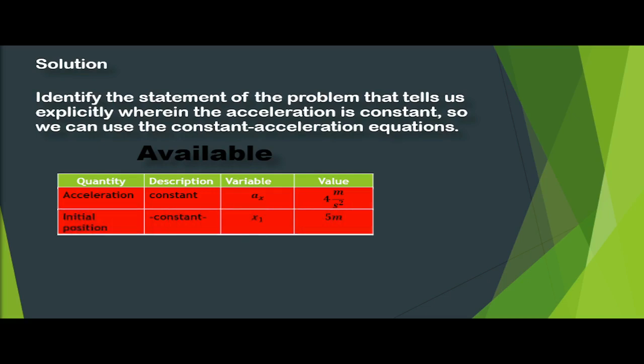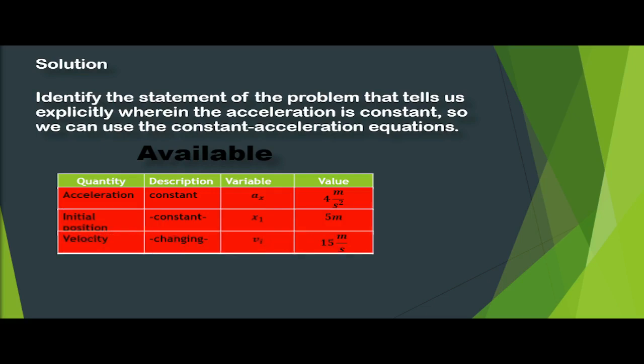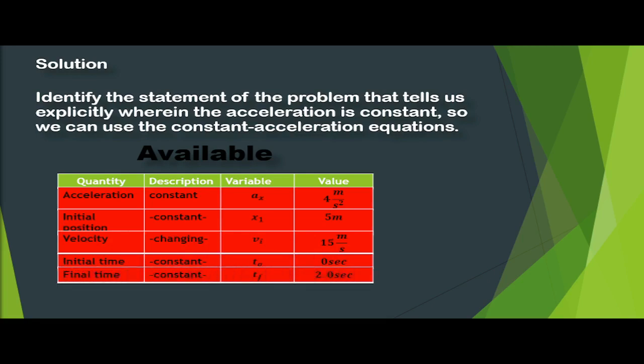The initial position of the motorcyclist away from the signpost is 5 meters. The initial velocity, v sub i, is equal to 15 meters per second. We also have the values of time, t equals 0 and t equals 2 seconds. We also have the value for a final velocity, v sub f, equal to 25 meters per second.